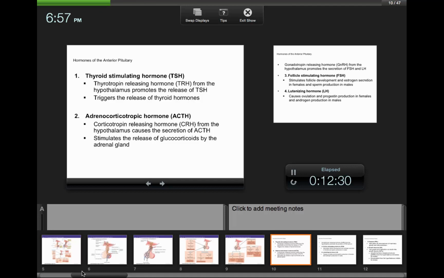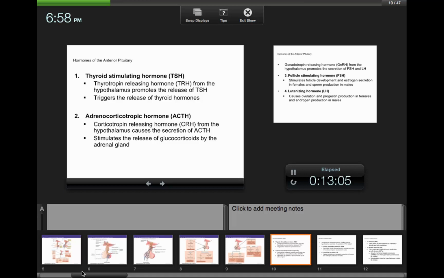Okay? And then luteinizing hormone for males travels to the Leydig cells to produce testosterone, androgens. In females, a surge of LH is responsible for ovulation.